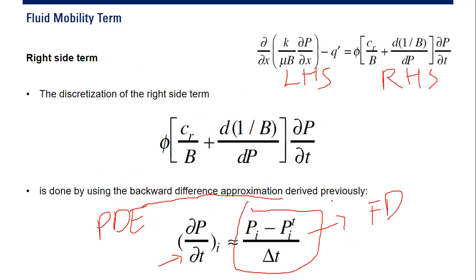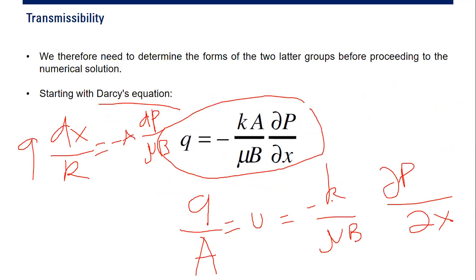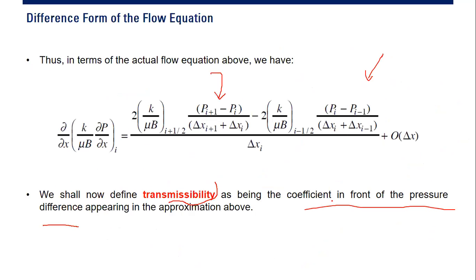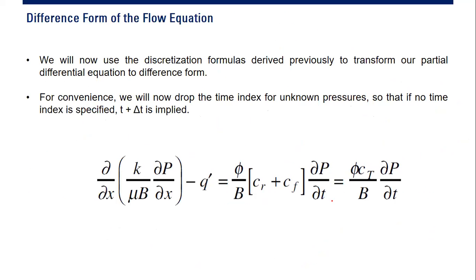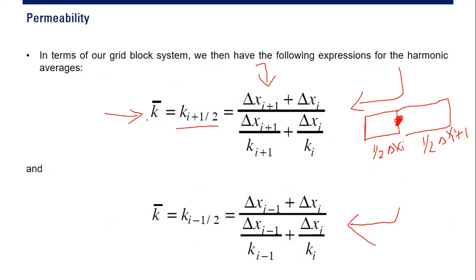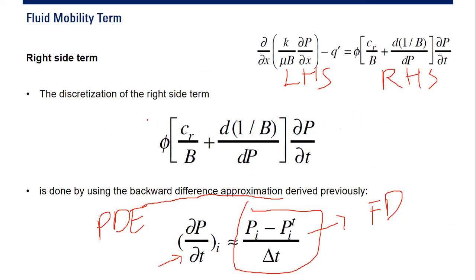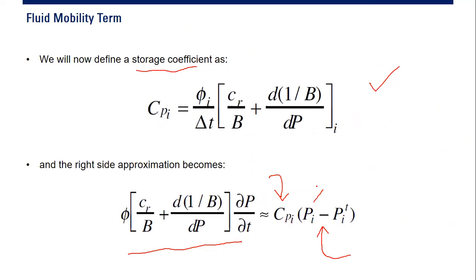By the way, I said before that I want to simplify here. For convenience, we will drop the time index for unknown pressure, so that if no time index is specified, it is actually t plus delta t. So this is P at t plus delta t.